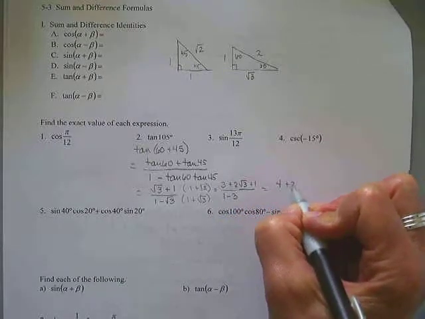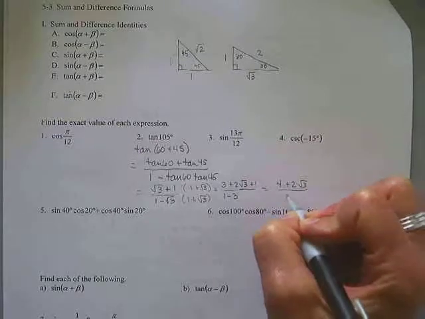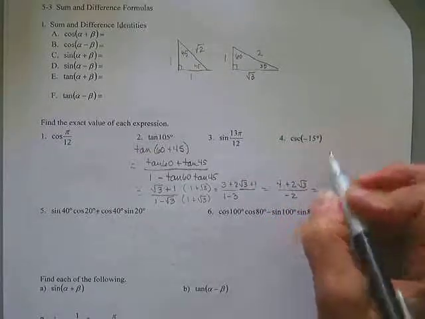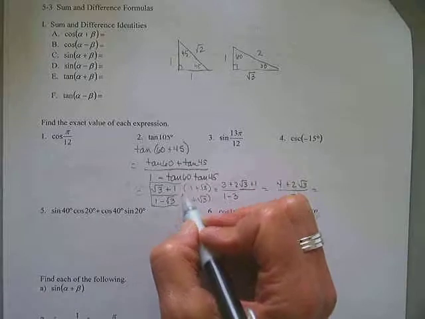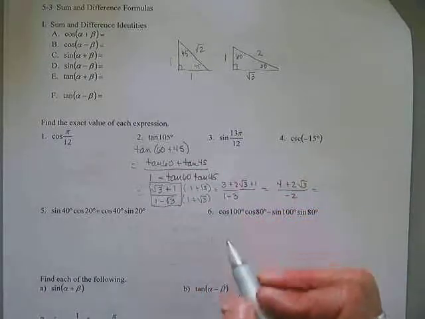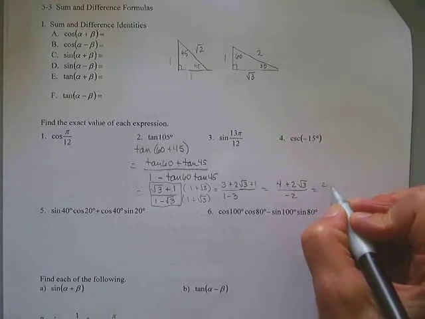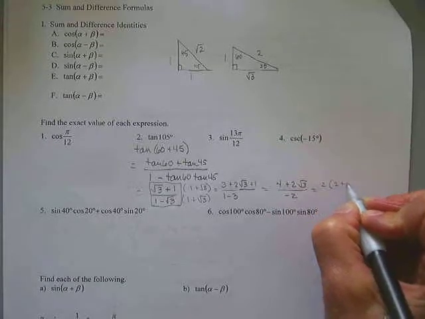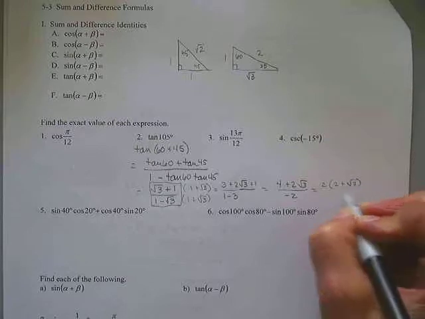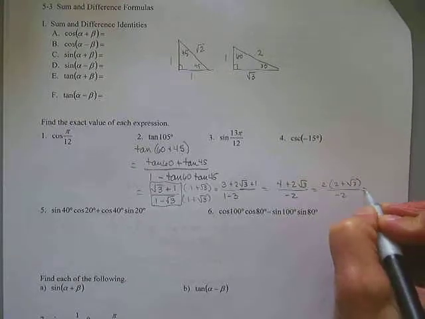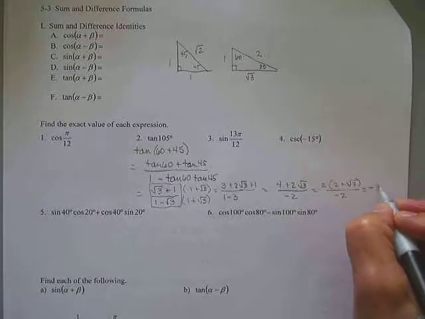And then that would simplify to 1 minus 3 in the denominator. And then in the numerator, I would have 3 plus 2 root 3 plus 1. And that would all simplify to 4 plus 2 root 3. Now you're going to want us to do that on the top?